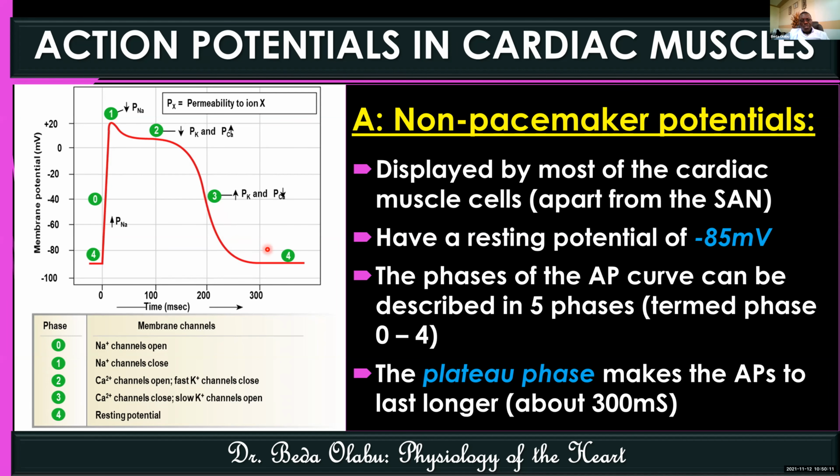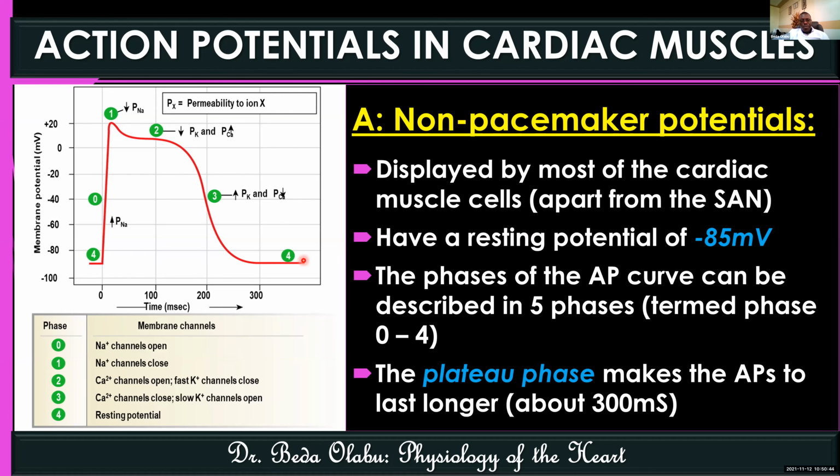And after that, we go to phase 4, where we started, the resting state. Also notice that cardiac musculature will not have the hyperpolarization phase, because the resting state is at -85, beyond the -80, where the voltage-gated potassium channels will actually close. So that's why it doesn't have the hyperpolarization phase.